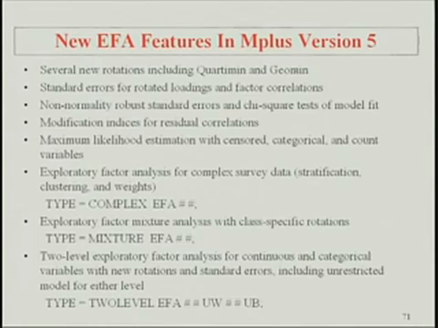We've also added 3 other things. You can do complex EFA, where you adjust for non-independence of observations, and you can include stratification and weights also. And mixture EFA, where you can do factor mixture analysis with class-specific rotations, and 2-level EFA, with new rotations and standard errors, including unrestricted model for both the between and the within levels.